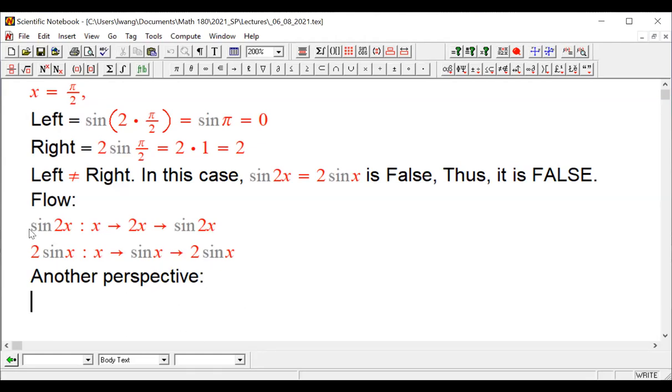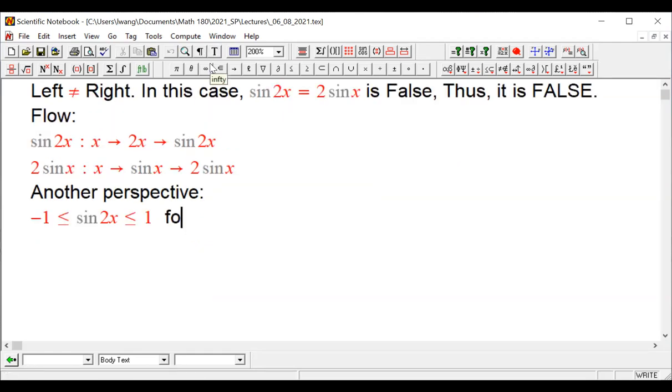We know that sine of any angle is always between +1 and -1. If this anything is 2x, it's still between -1 and 1, for any real number x.